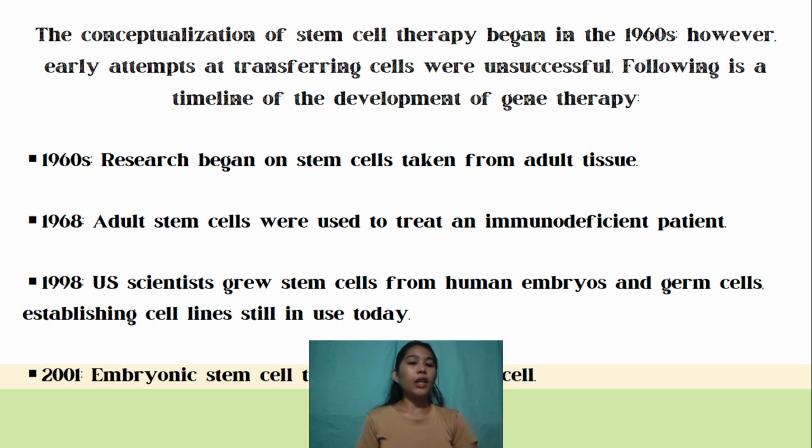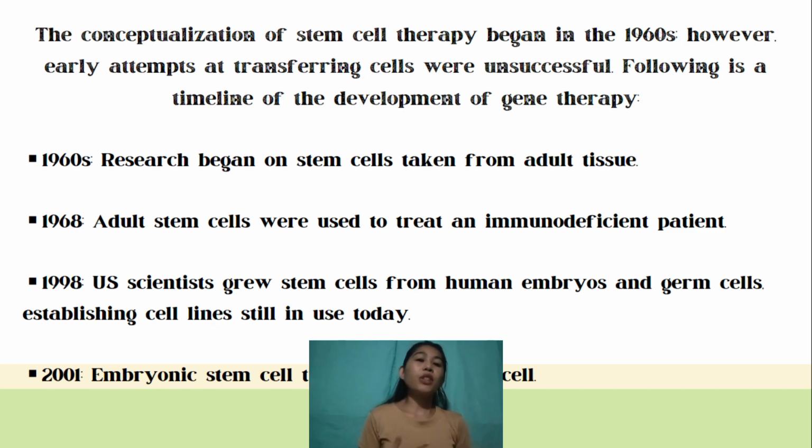In the year 2001, an embryonic stem cell was turned into a blood cell. So in 2001, they discovered that embryonic stem cells can turn into blood cells.